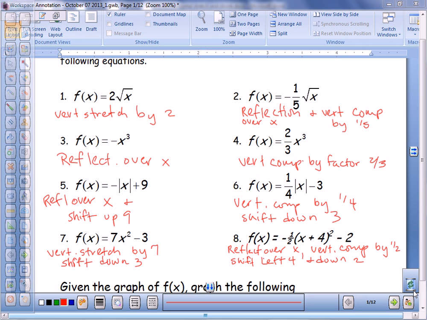Number 6 is a vertical compression by a factor of 1/4 and shift down 3. Number 7 is a vertical stretch by a factor of 7 and shift down 3. And number 8 is a reflection over the x, a vertical compression by a factor of 1/2, shift left 4, and down 2. Any questions on 1 through 8? So we're good on that part? All right, so let's see how that would look in terms of our graphs.